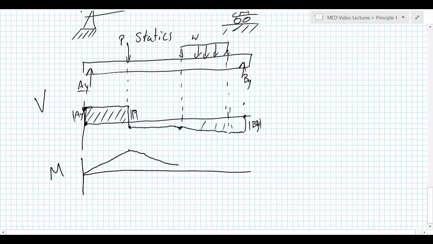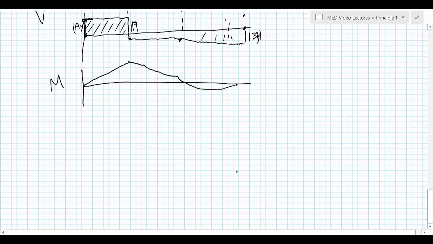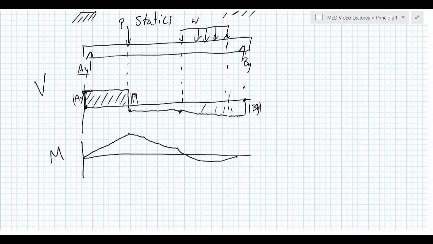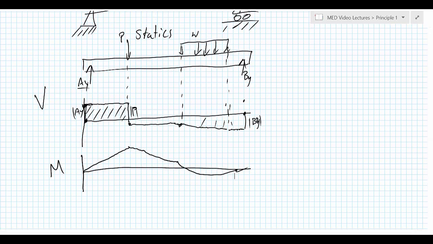And then we get some interesting behavior when we have distributed loads. So this might not be a perfectly accurate bending moment diagram, but it gets the point across.